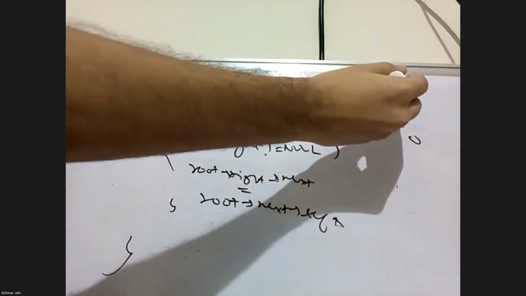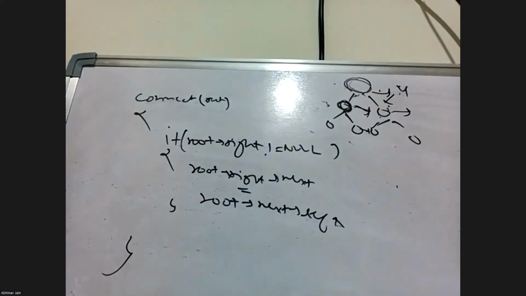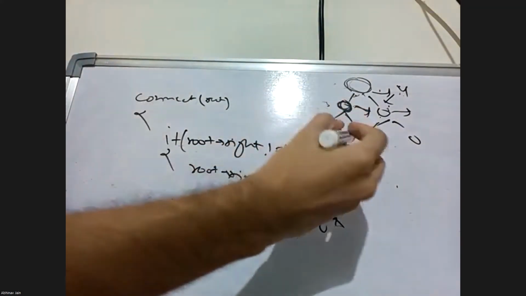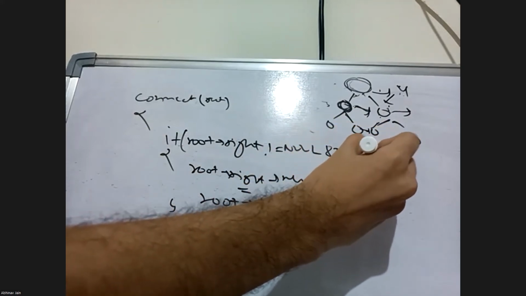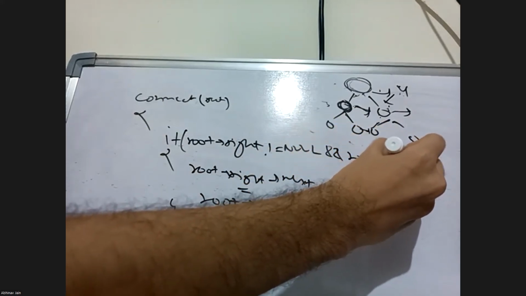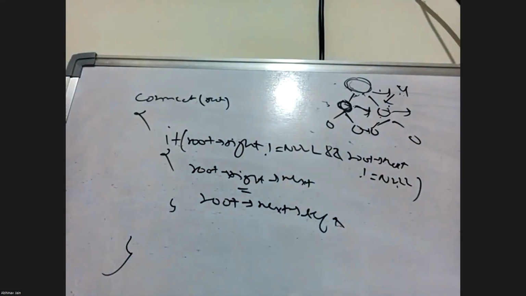How can we take root's next left when root has no next? So we need to add one more condition to this constraint, which is root's next should also not be null. And then finally, we'll call this function recursively for both the children nodes, which we'll see in the code. So let's just jump over to our code.